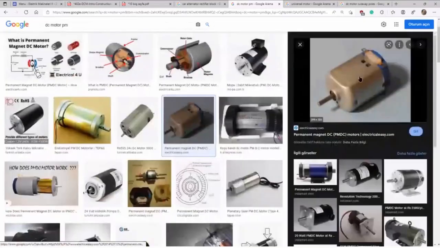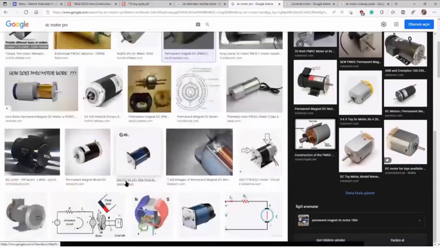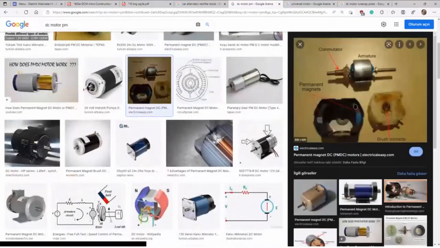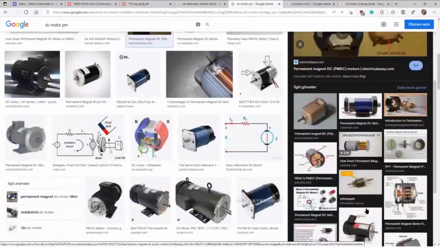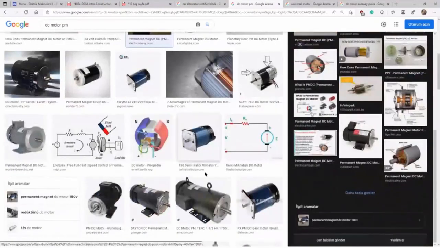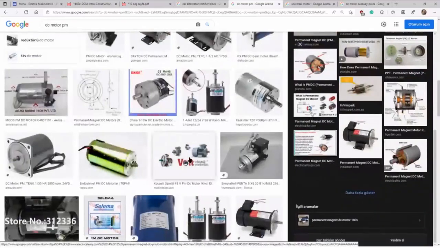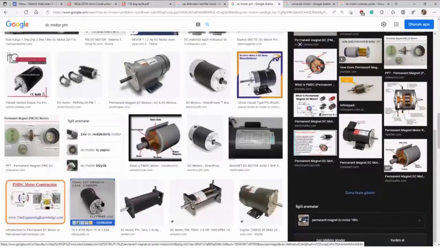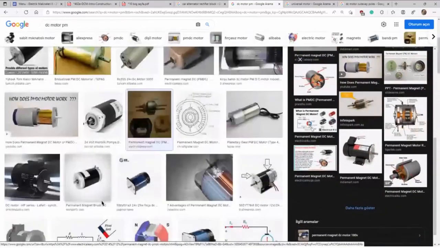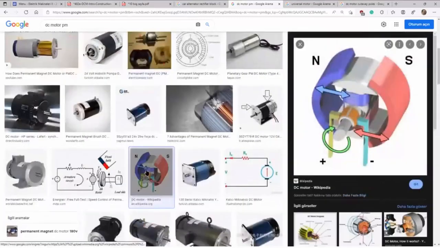You see the form factor, and it is due to the design. And here was another design, a round design. It was somewhere there, but I couldn't find it right now.